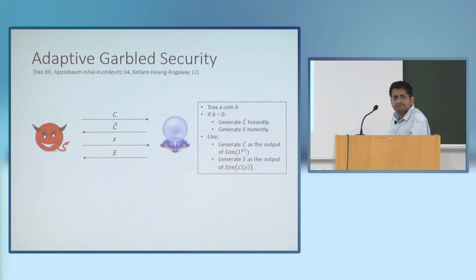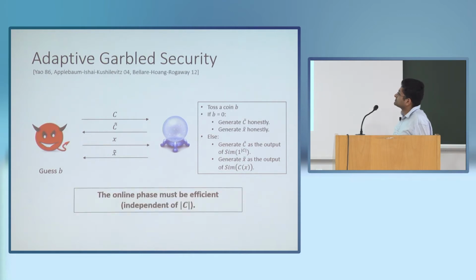Yes? Yes, I haven't done it, it should be stateful. Or just give the same random coins to both of them. So at the end of the game, the adversary needs to guess the bit b, whether he got the real garbled circuit and garbled input or the simulated versions.